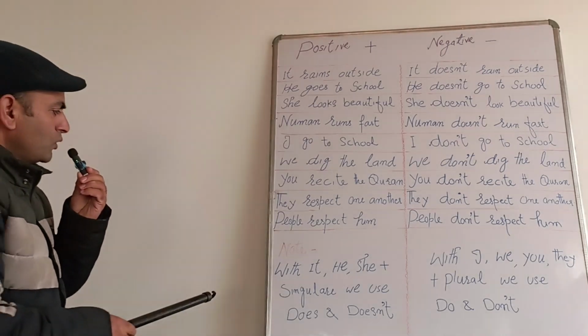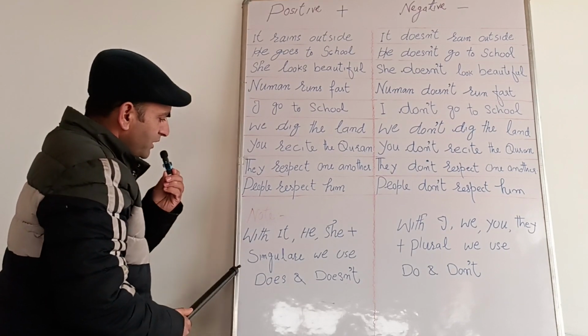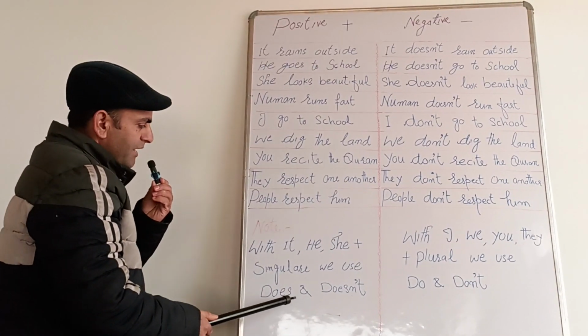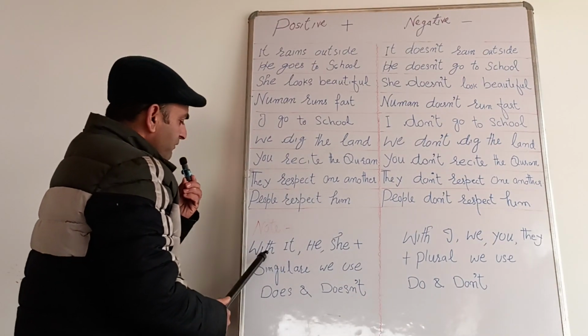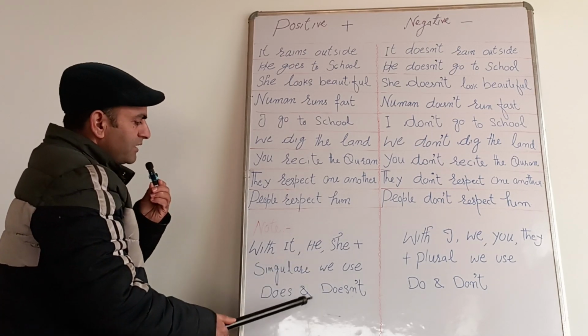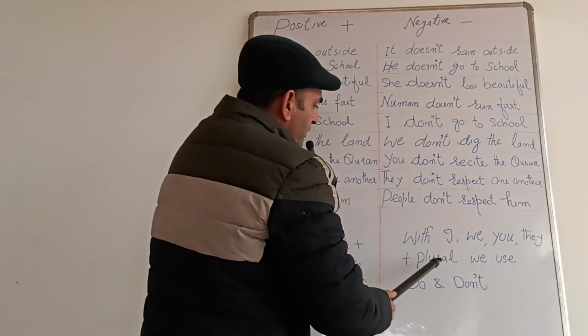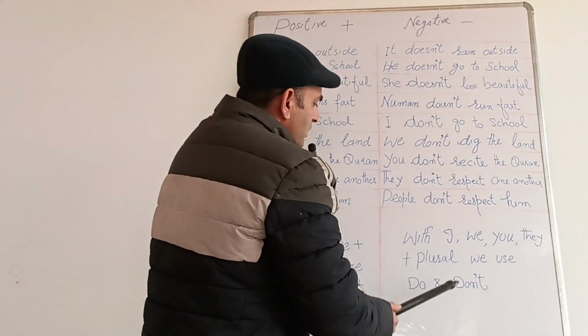So I have written a rule over here also. With it, he, she plus singular we use does and doesn't. With I, we, you, they plus plural we use do and don't.